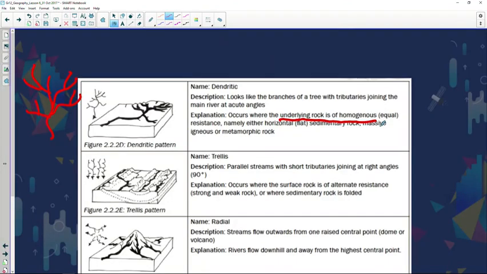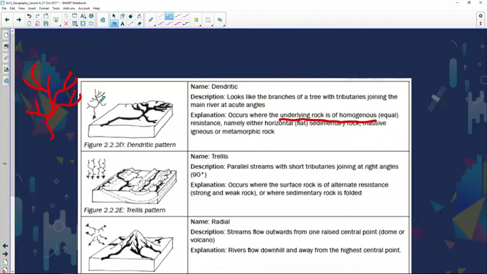So to remember the characteristics, remember this. To identify it, look at the shape of it. It's tree shaped, like the branches of a tree. Very importantly, it's got the same type of underlying rock, meaning it's got the same type of resistance. There's not a rock that allows infiltration and more erosion than other rock.